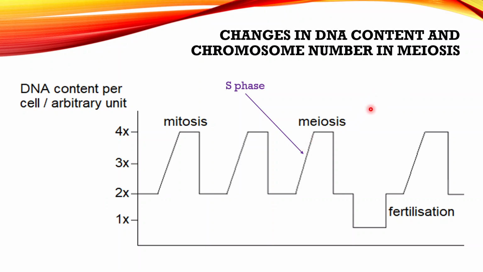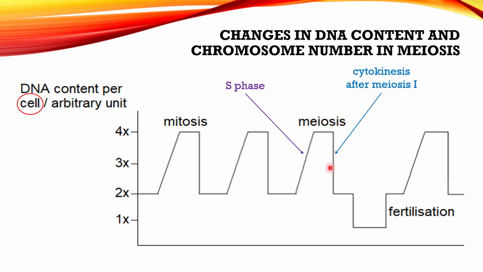Then we have the drop here, from 4x to 2x, and you need to take note of the y-axis when you are looking at such graphs. It says DNA content per cell. So when it says per cell, obviously the part where the amount of DNA drops would be during cell division, or cytokinesis.